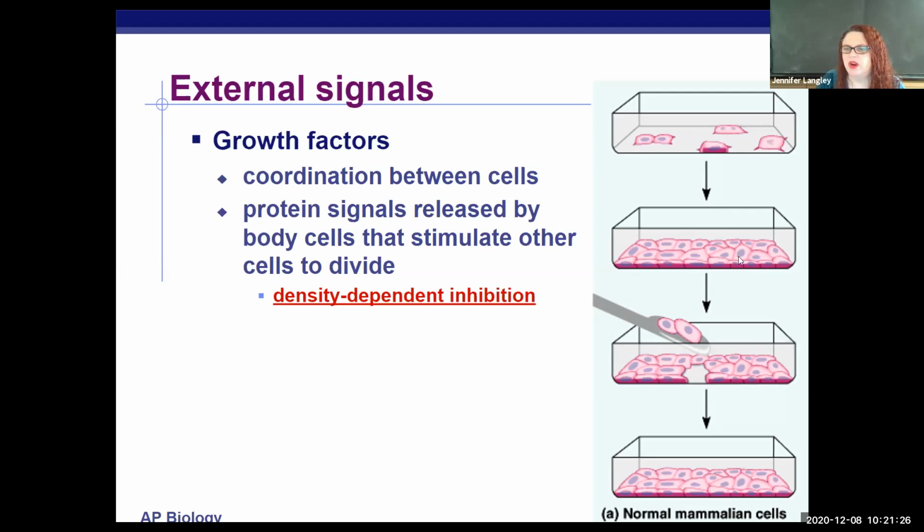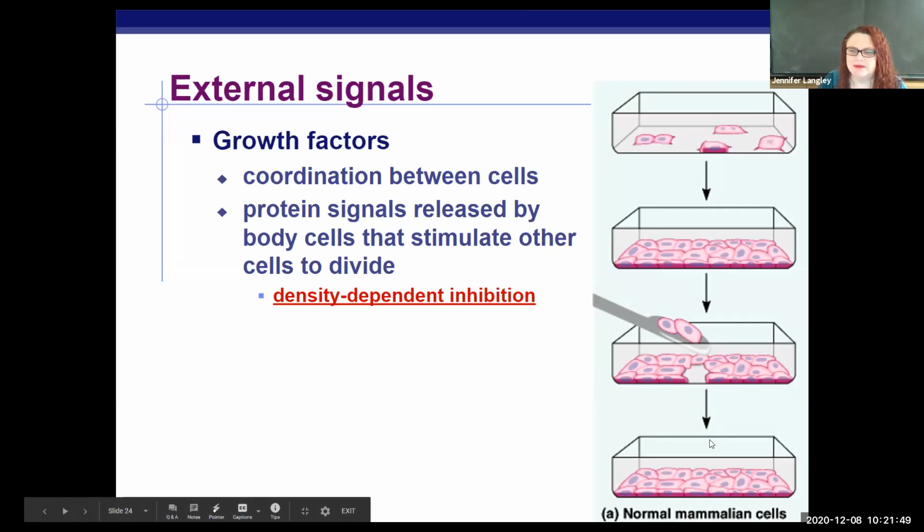But once we hit the point where they're surrounded on all sides, they stop dividing, even if that growth factor is present. It's like going, you know what, there's not enough room, there's not enough space, we can't keep dividing. But if I remove some of those cells, it'll then again go back to dividing. So it kind of fills in the gaps. And you can see how here, if your skin were cut, then we need to fill that in.